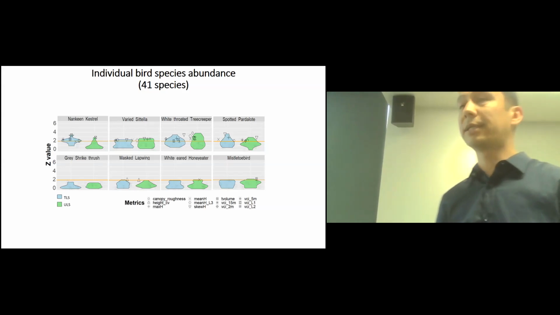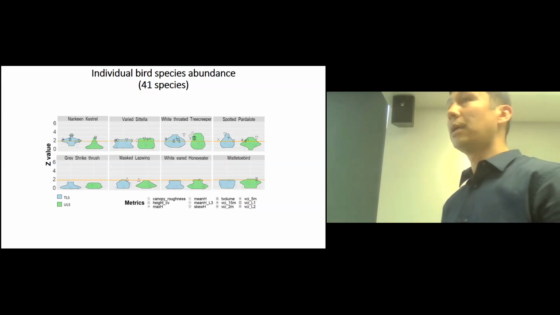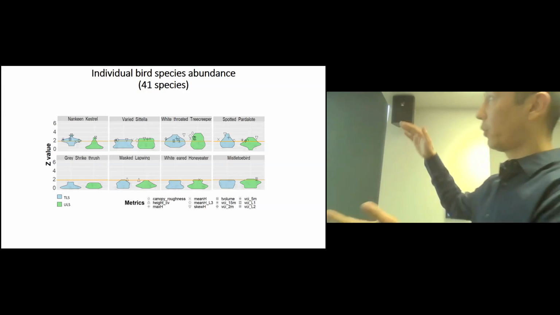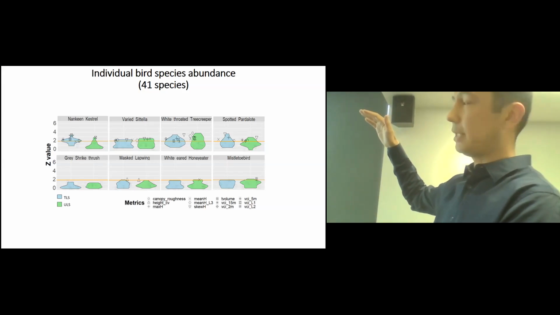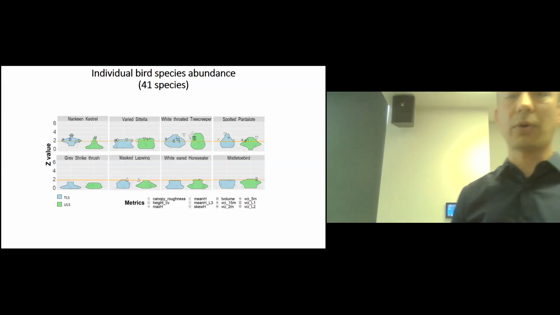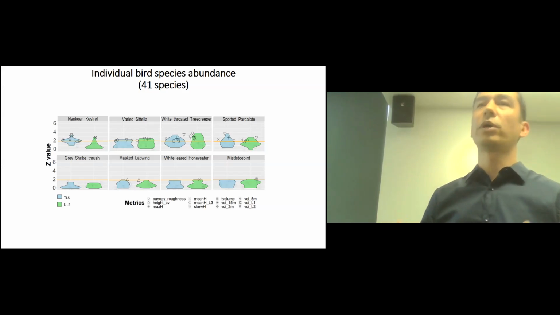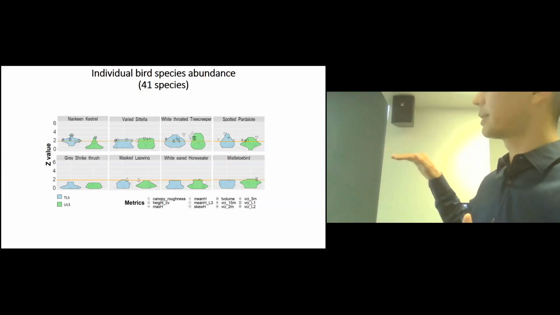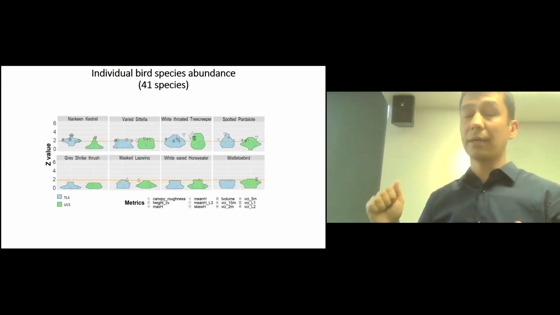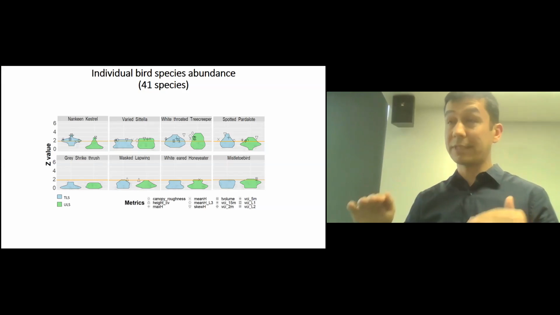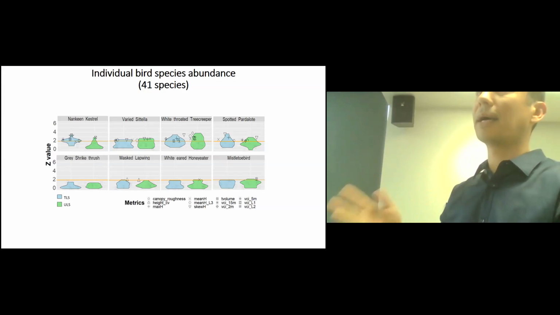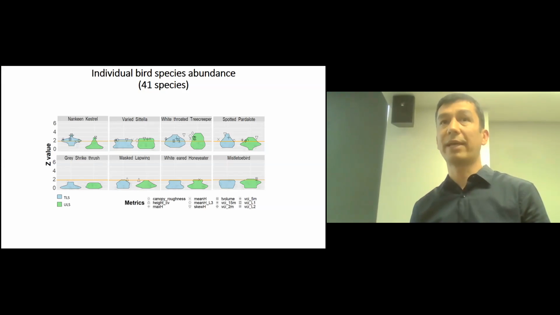We also modeled individual bird abundance of 41 species. If I included all 41 species, it would make this slide very busy. Therefore, I selected mostly the first row, which shows the birds that gave the highest explained variance.